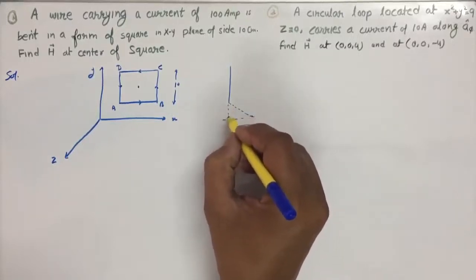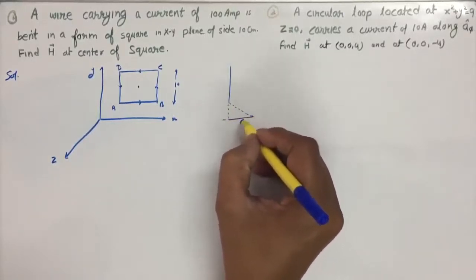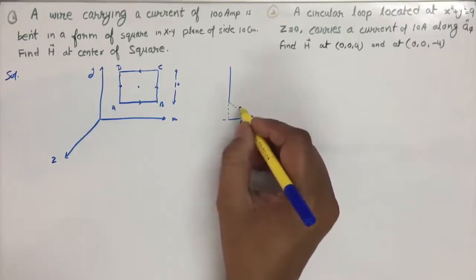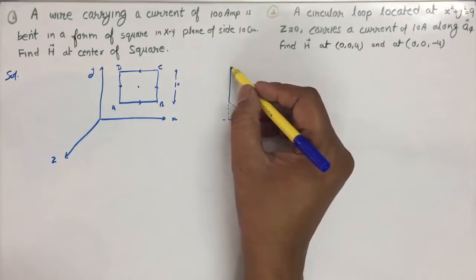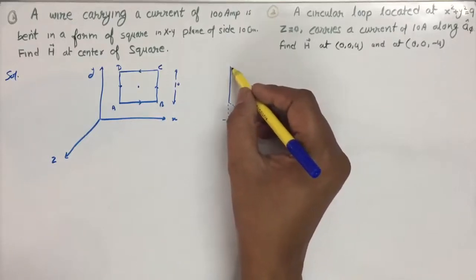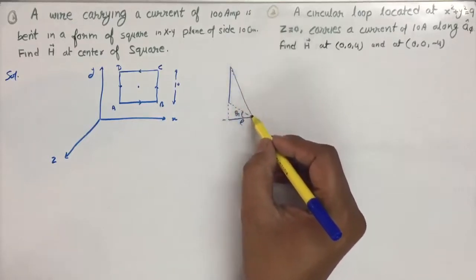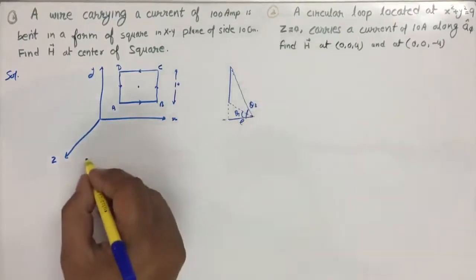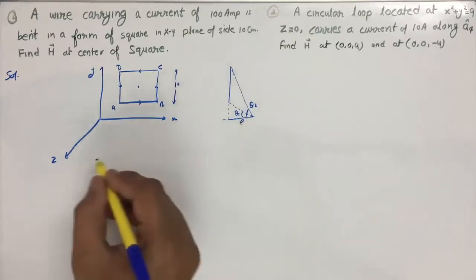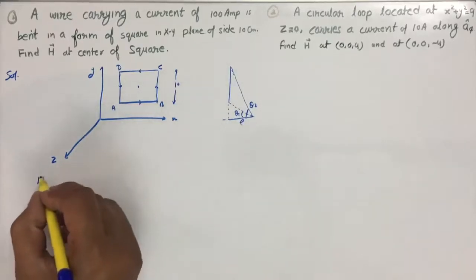This is rho, this is theta 1, and this is theta 2, and from here the final relation to find the magnetic field intensity was derived.